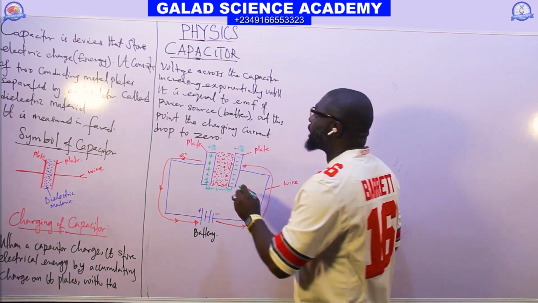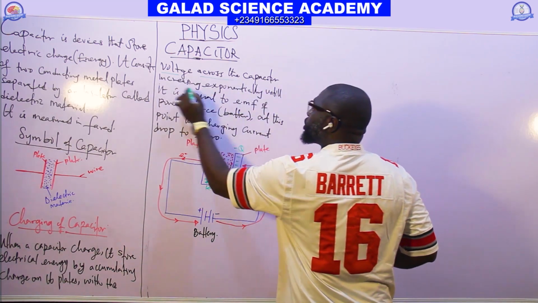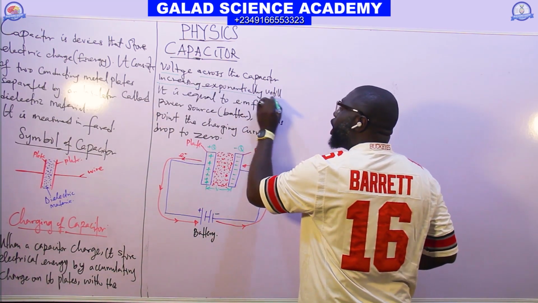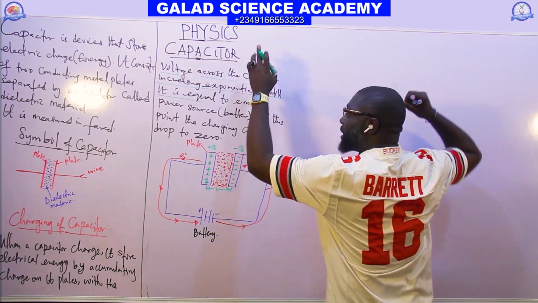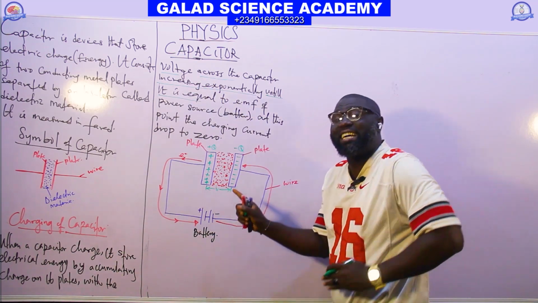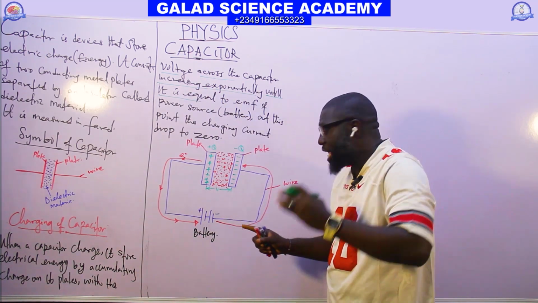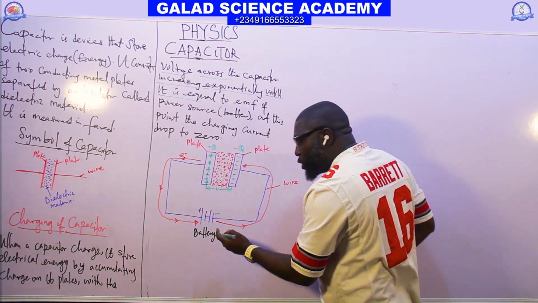So I said that the voltage across the capacitor increases exponentially, and when the potential difference increases exponentially, the current in the circuit will drop.